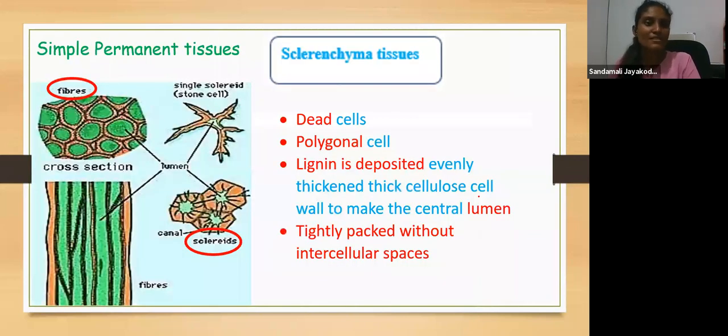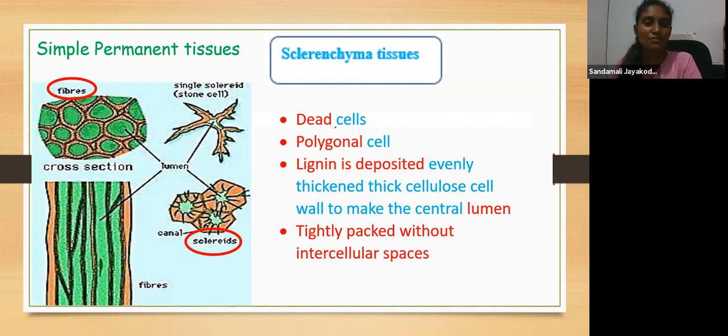And then this is the third type of simple permanent tissues. It is sclerenchyma. Now we have learned about parenchyma, collenchyma, and then this is sclerenchyma, the last type of simple permanent tissue. There are two types of sclerenchyma tissues. They are fibers and sclereids. The most special feature here is they are dead.